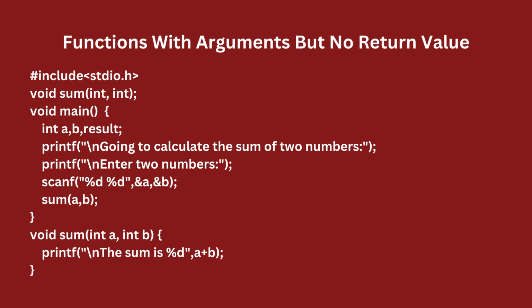Then in a print statement, it will display the output. The sum is like 2 and 3. If you want A as 2 and B as 3, then the output will be: the sum is 5. It prints like this. I think it's clear to you.